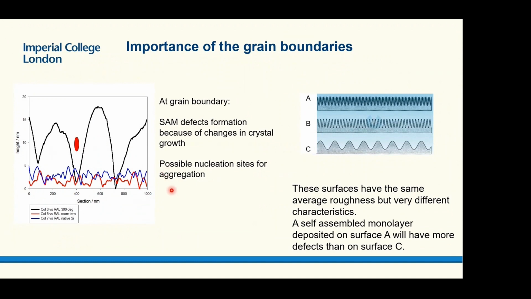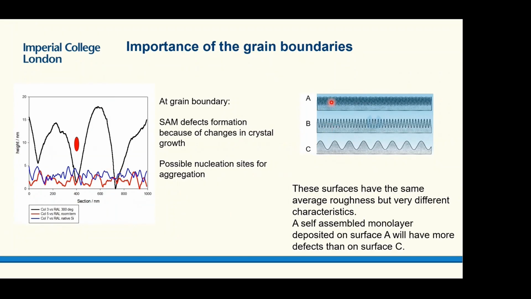Now, normally people, when they look at surfaces, tend to use roughness as an indicator of the quality of the surface. And the problem with roughness is that it only takes into account the height changes, the difference between the peak and the trough.